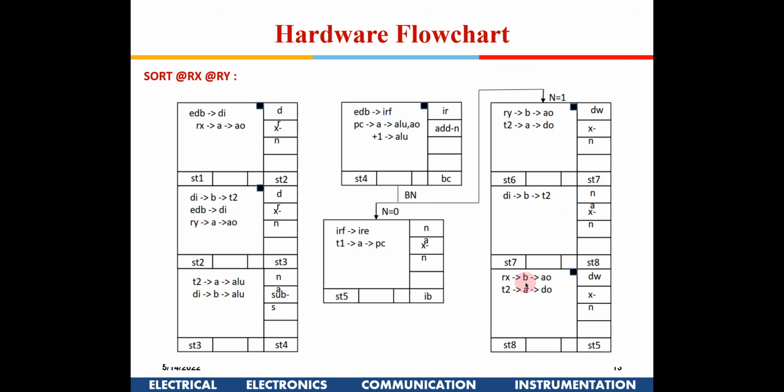Then Rx data is being placed into A0, and from T2 you are getting it into D0. Now the swapping action is completed with this particular action. This is again a data write. Since the ALU is not involved here, it is X dash N. This is also X dash N, just this A is NA. So this has got shifted here.